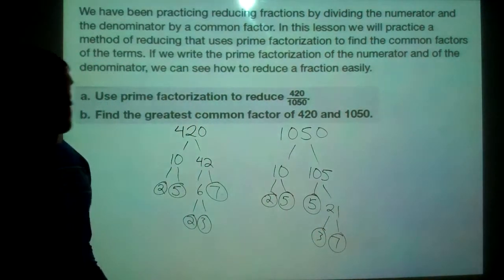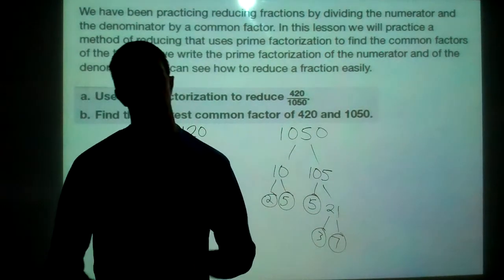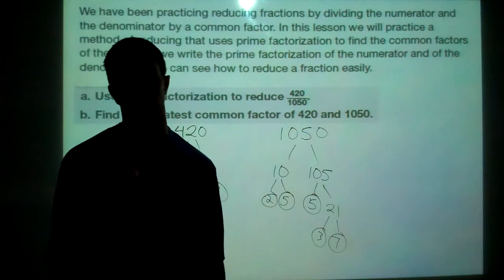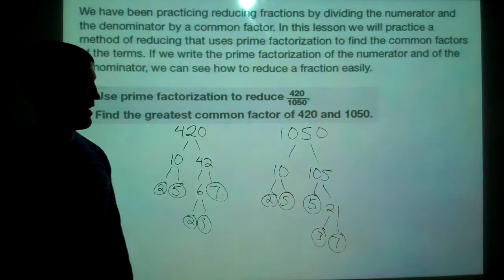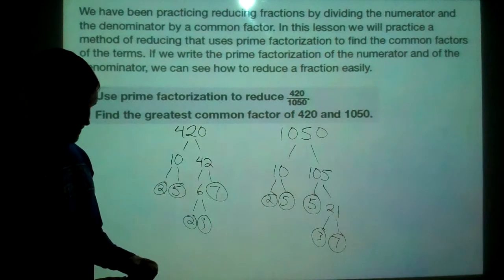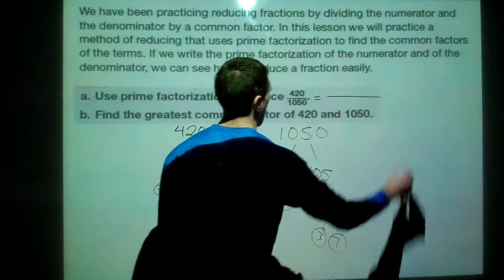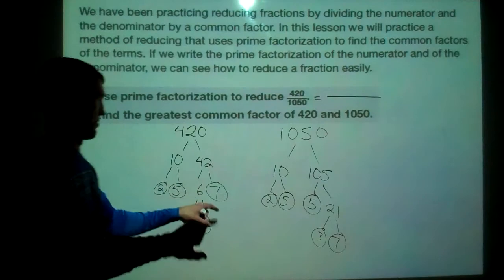Now, when we wrote prime factorizations before, we'd count up how many 2's we had or how many 3's, and we put them to certain powers. So like 2 to the second if we had two 2's, 3 to the third if we had three 3's, that type of thing. We're not going to do that this time. We're just going to write them out in order. So 420 is 2 times 2 times 3 times 5 times 7.